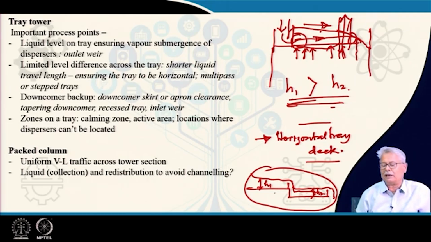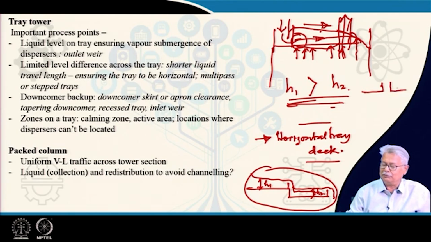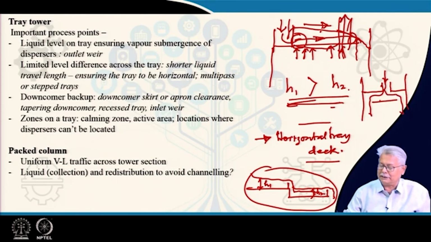It is also possible to have other configuration of trays which we will not go into right now. By splitting the flow, for example, on one particular tray you have a central downcomer. That means the liquid falls from the upper one like this. It splits into two streams and goes like this.